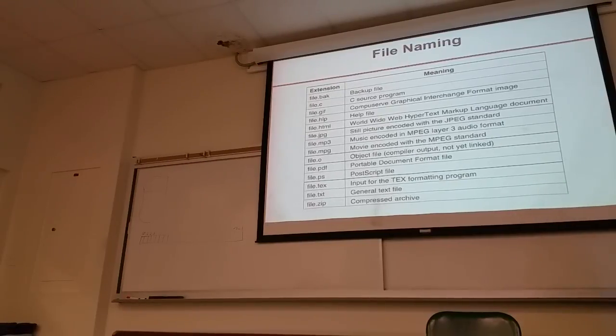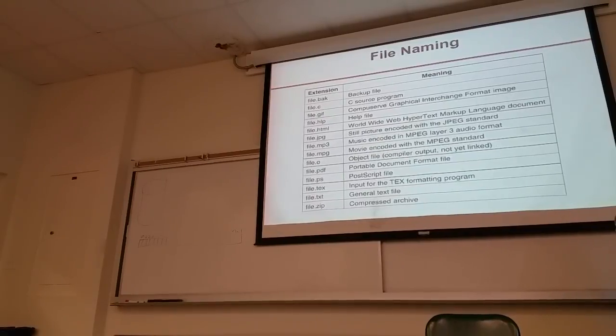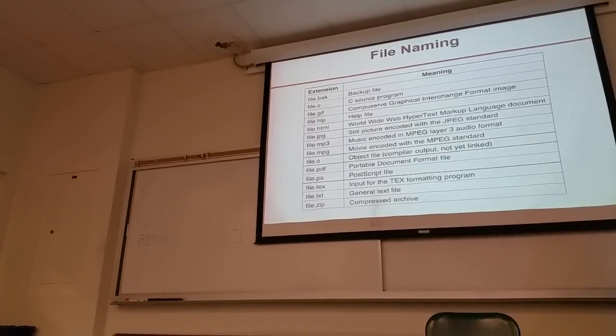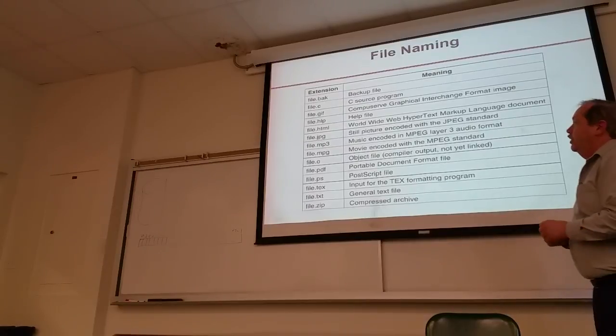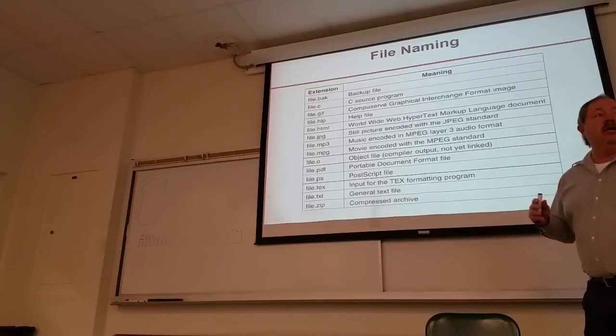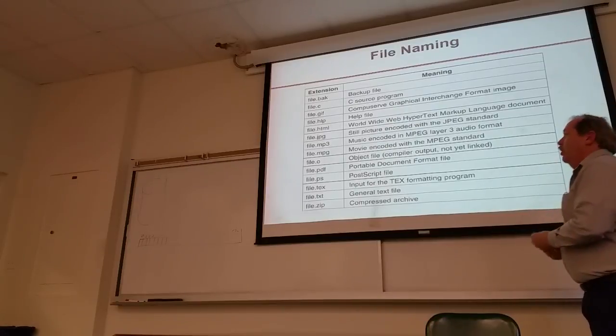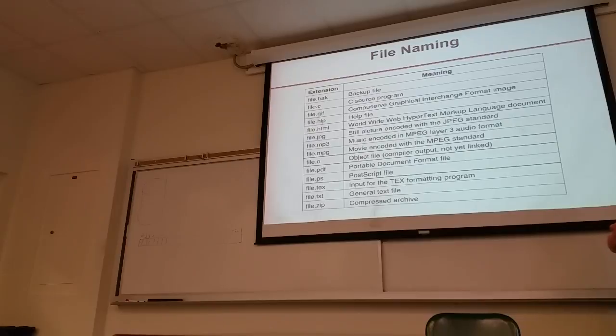Some operating systems, like Unix and Linux, really don't care about file name extensions. The compilers do, some of the other tools do, but the operating system itself doesn't care. Whereas some operating systems, like Windows, force you to have file name extensions, whether you want them or not. You might like that, you might not like that. That's just the way those particular manufacturing lines went.